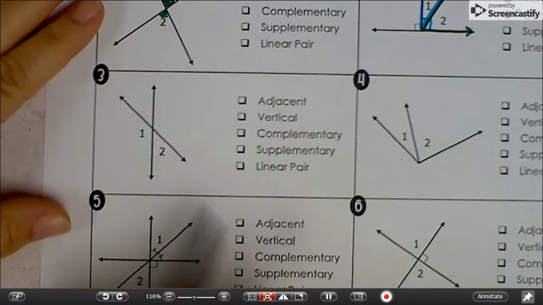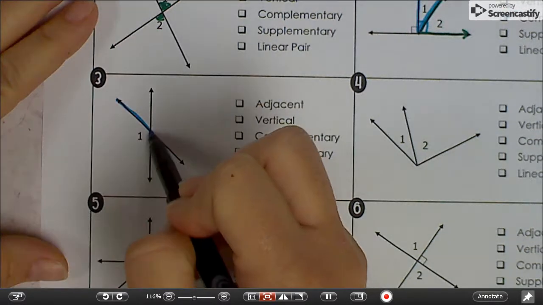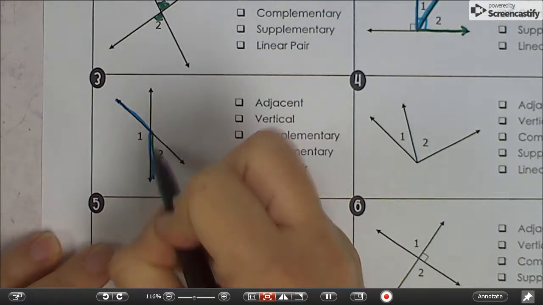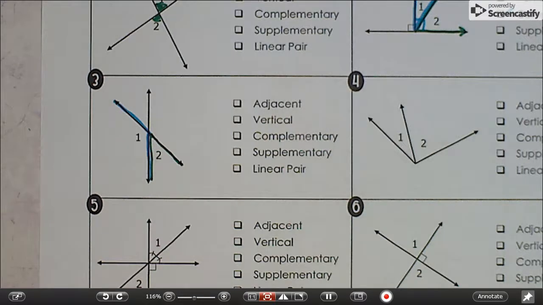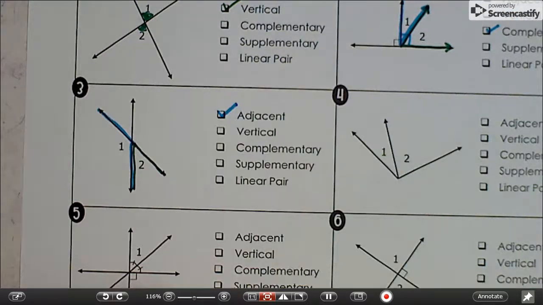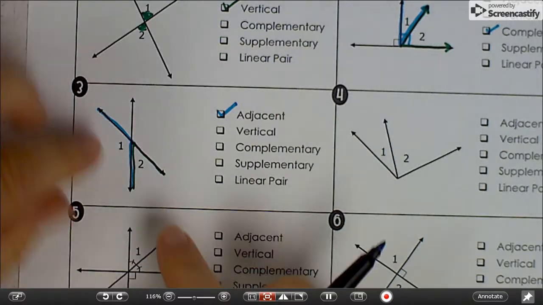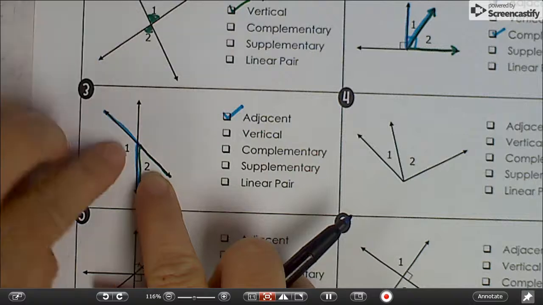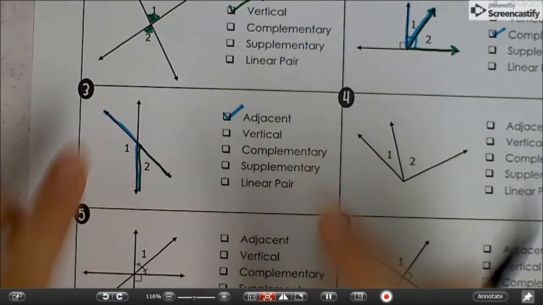Okay, so here we have angle 1 and angle 2. And since those share that side, they are adjacent. They are not vertical. You would need this one and this one, or this and this to be vertical.